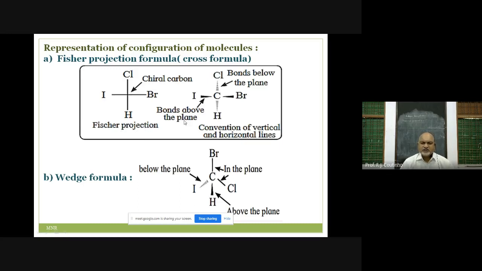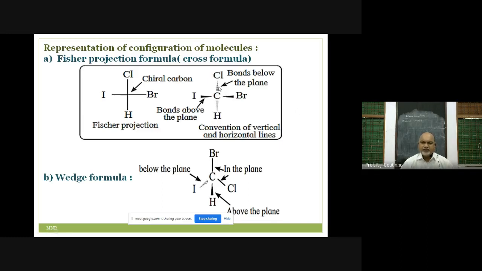Now if you come to the next, that is a carbon atom, same structure, but it is represented in a different fashion. If you see here, this is known as a wedge line. A dark line is known as a wedge line. So there are 2 wedge lines here. This wedge line denotes that these 2 substituents are above the plane of the paper, which is very close to us.